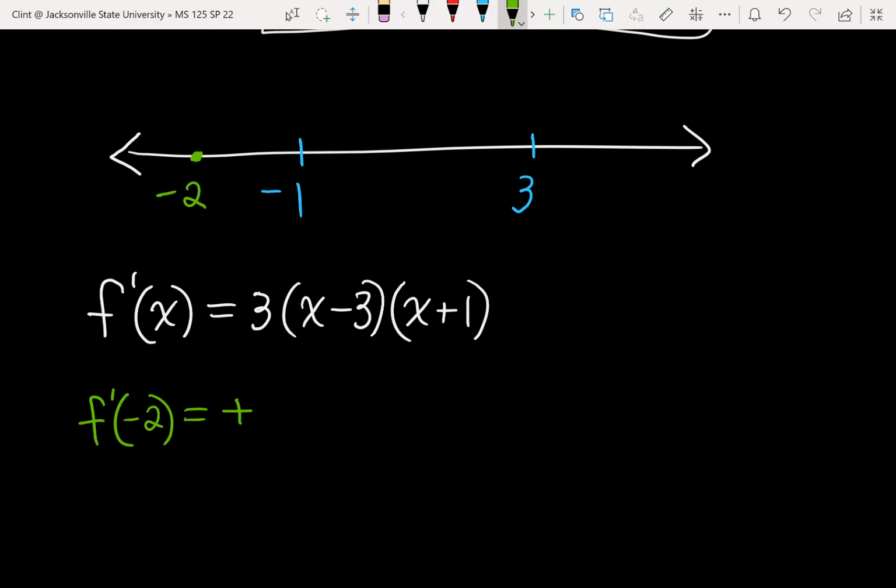And then -2 minus 3 is going to be negative, and -2 plus 1 would be negative. So we have a positive times a negative times a negative. We get a positive. So on this portion of our number line, our derivative is positive.